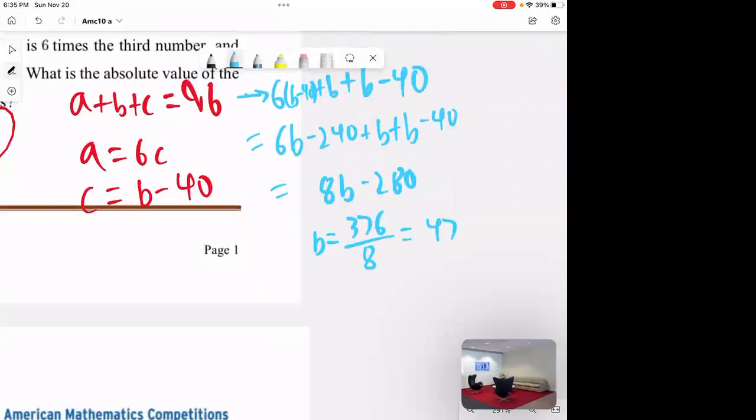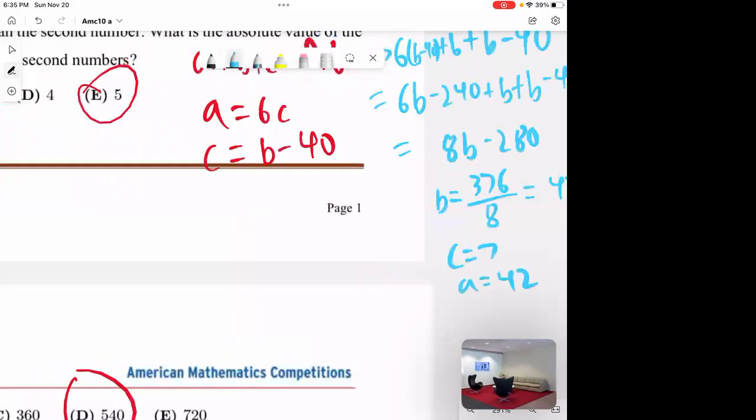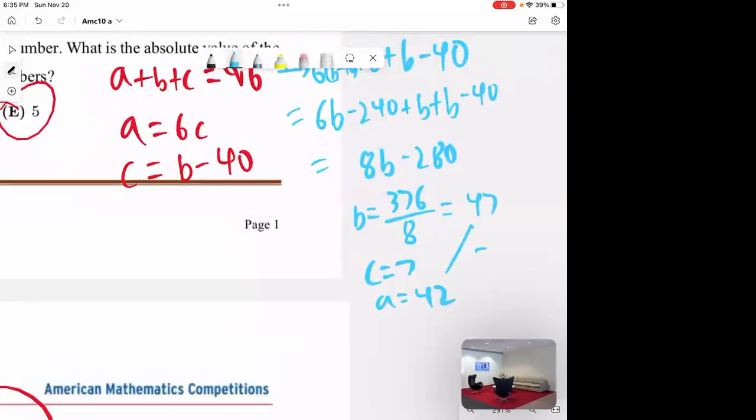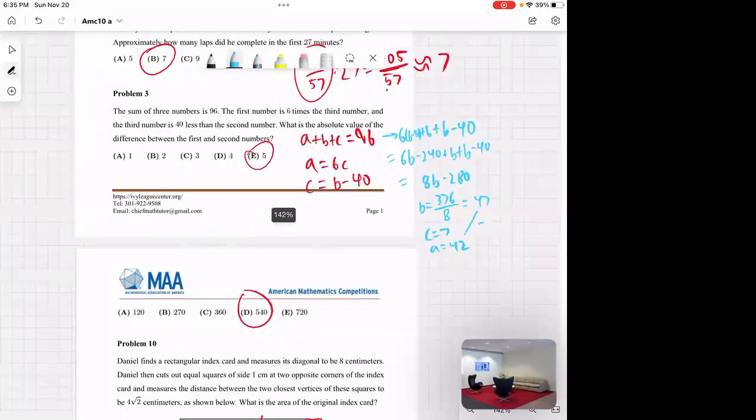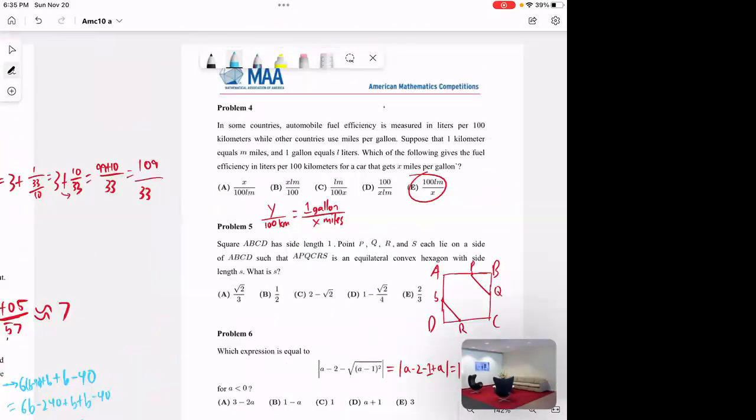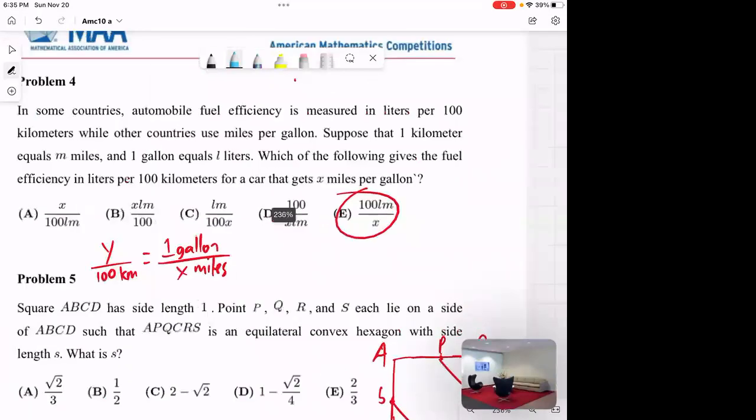C is equal to B minus 40, so C equals 7. A equals 6 times C, which is 42. So the absolute value of the difference is 47 minus 42, which is 5. Okay. If nobody has any questions so far, we can move on to problem 4.